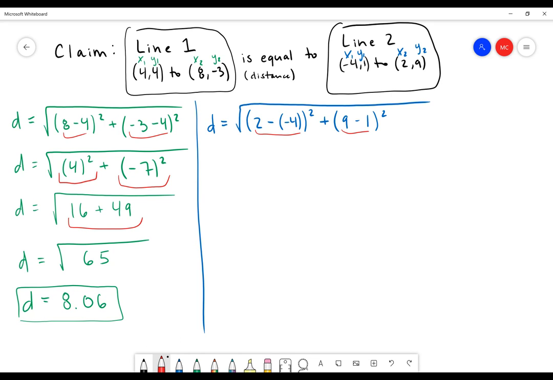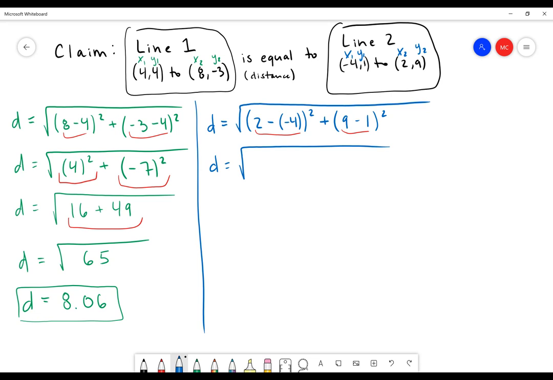When I simplify inside the parentheses, I get that the distance is equal to the square root of 2 minus negative 4, which is the same thing as 2 plus 4. That's what I meant.